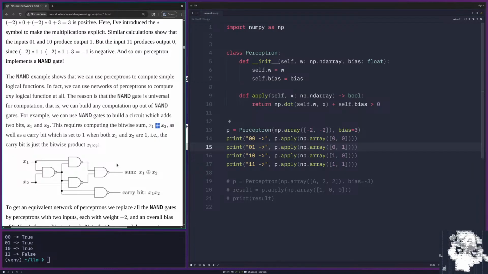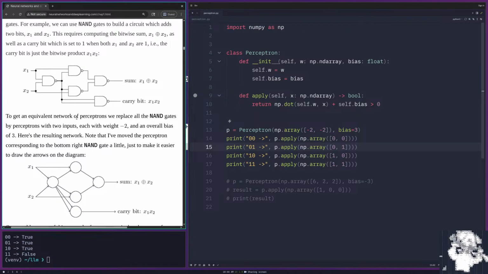Anyway, when you make a CPU out of NAND gates, full adders and half adders are like the first thing that you try to make. So he's just showing that if a perceptron can make a NAND gate, it can make circuits for doing stuff like addition. They can also make any other kind of circuit. So you can do any computation with a perceptron is what he's trying to show.